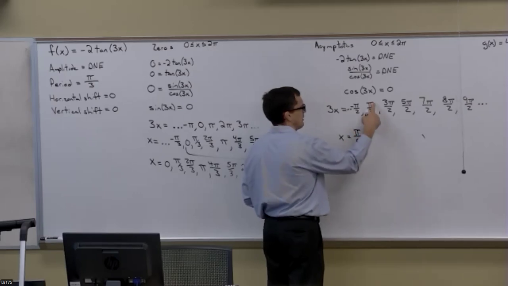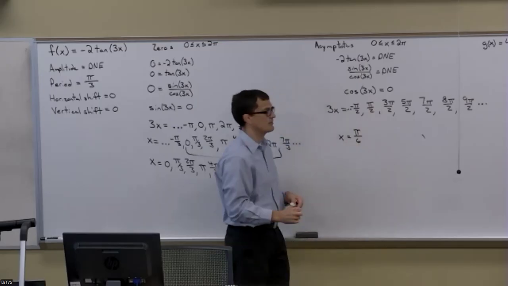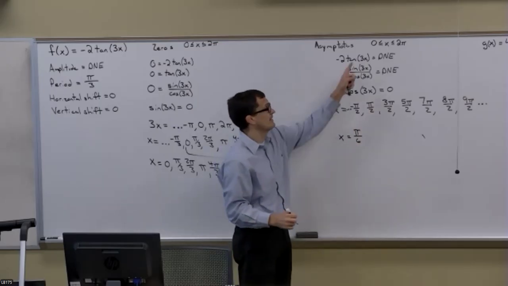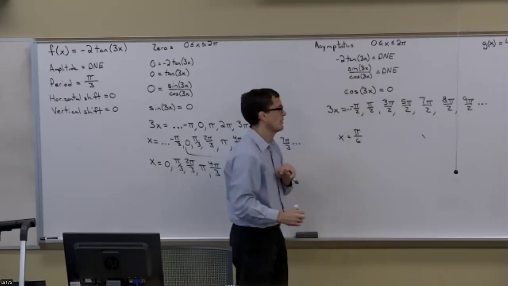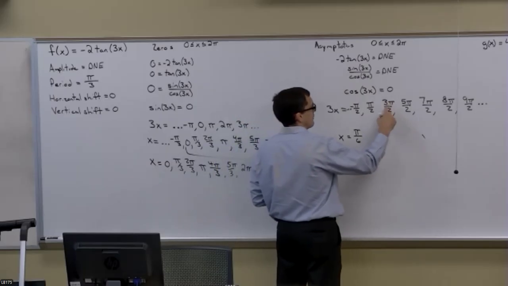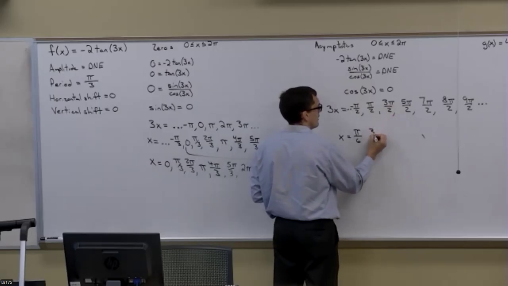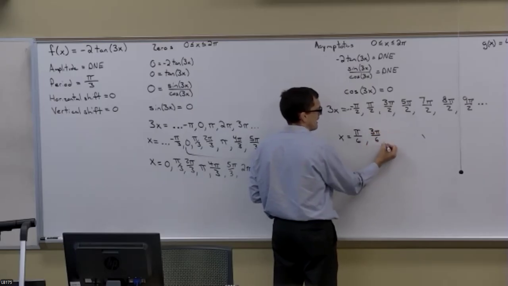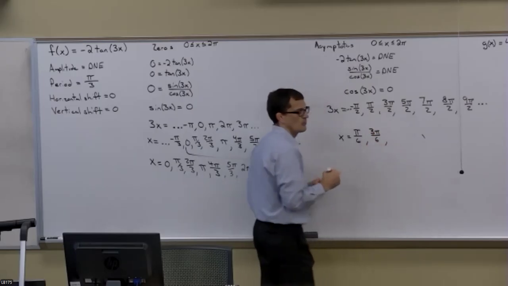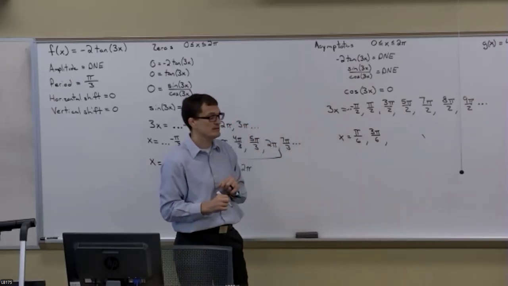But when I divide pi over 2 by 3, I get pi over 6. That is between 0 and 2 pi. When I take 3 pi over 2, divide it by 3, I get 3 pi over 6, or you can reduce that to 1 pi over 2. I'll leave it at that right now.